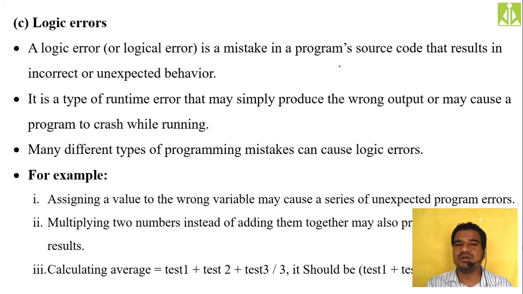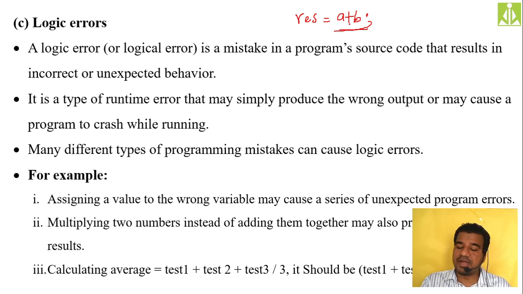Let us assume we are adding two numbers. What is the logic for adding two numbers? We have to read two numbers and add them: result equals a plus b. Result equals a plus b is the logic for adding two numbers.